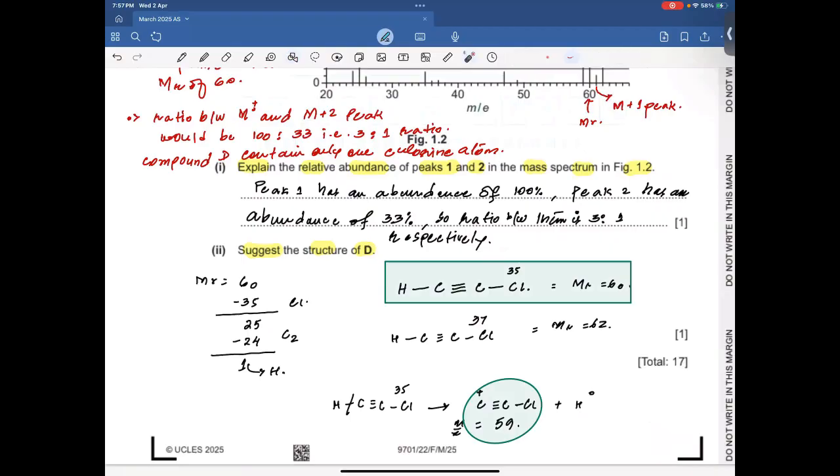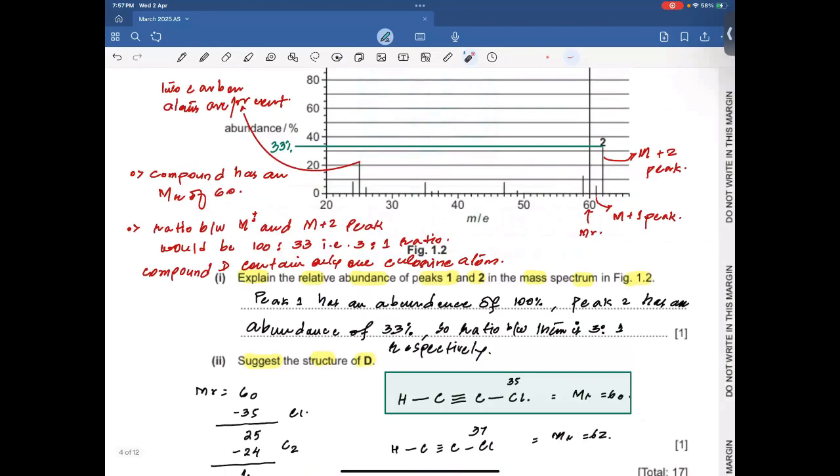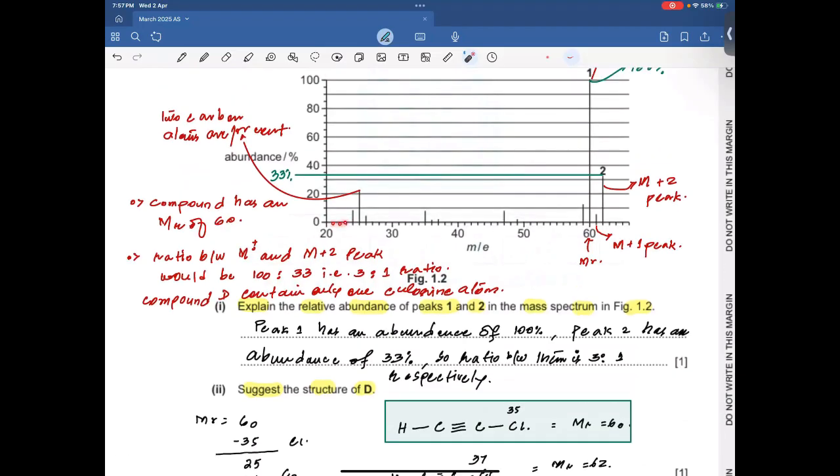Let me get another peak. If I break the bond from here, obviously it's going to be 25. Let me check if there is a peak at 25. 21, 22, 23, 24, 25. This is the peak at 25. My bad. This is the 25 peak also.